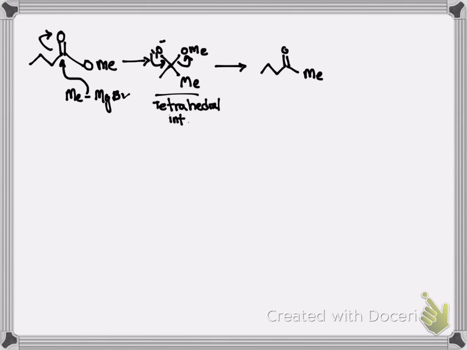and then a second equivalent of the methyl will add. Again, you get that tetrahedral intermediate, but in the tetrahedral intermediate you get for this one, there is no good leaving group. So you end up with this.